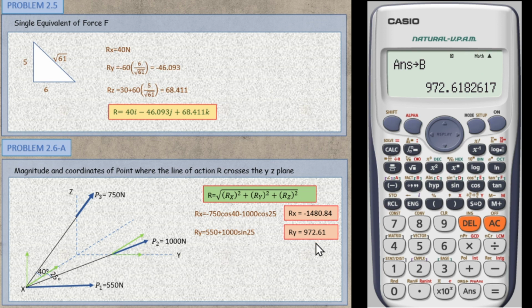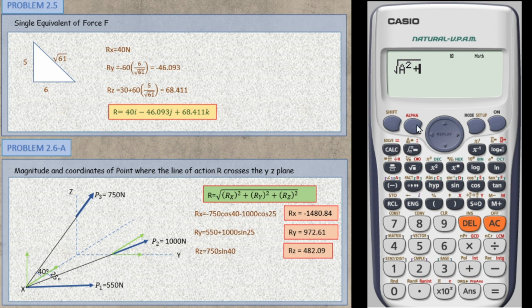And then for our z, we have 750 sine 40. So it is 482.09.